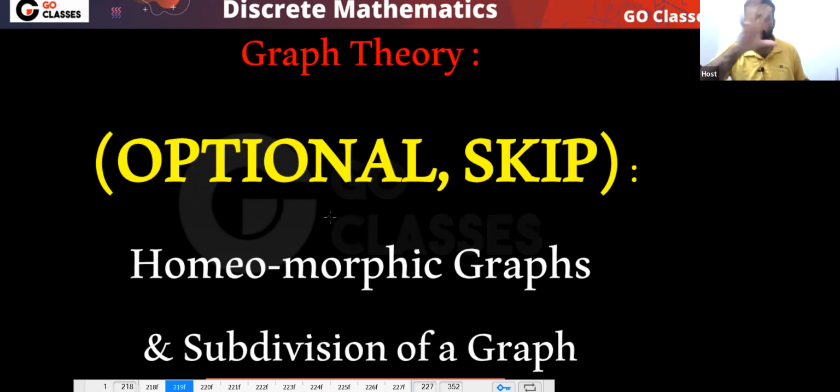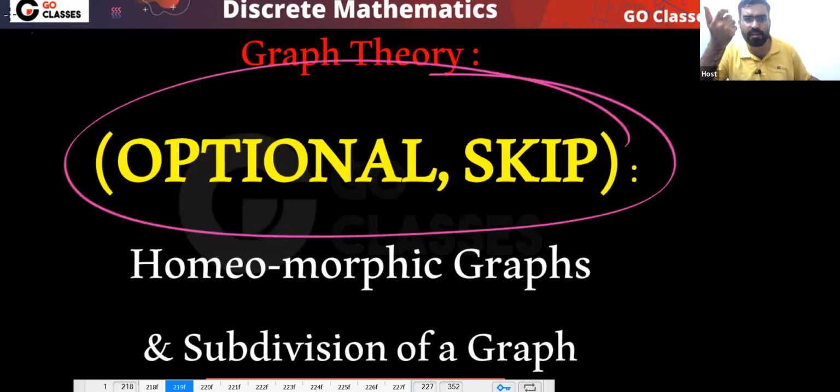Don't worry about what I'm going to teach now. Basically, I'm going to teach what is homeomorphic, and I'm teaching this only because of your curiosity. Some of you might be curious what the difference is between isomorphic and homeomorphic. So for that curiosity, I'm teaching you this. But remember, this is optional.